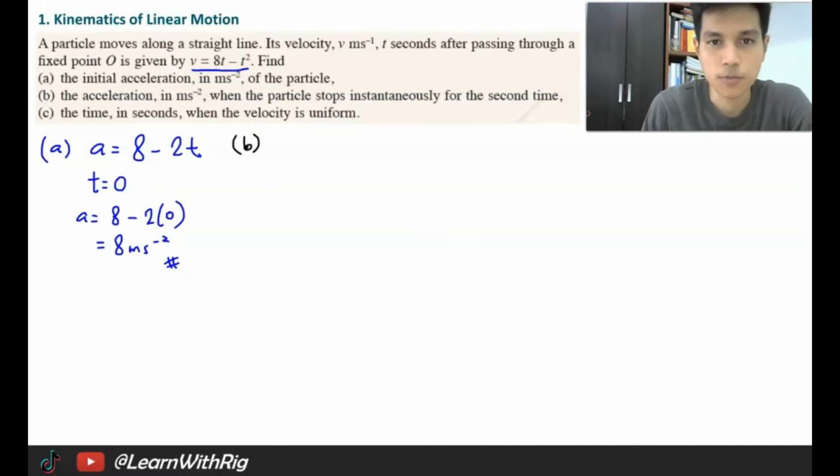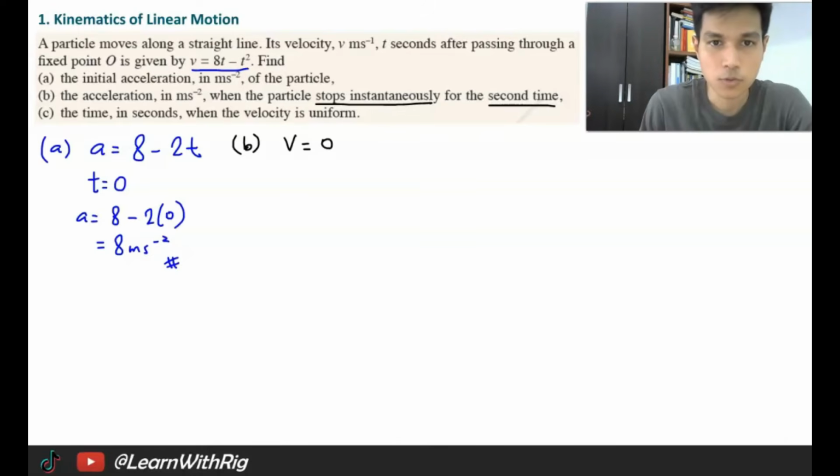Find the acceleration when the particle stops instantaneously for the second time. So the first, they said that stop instantaneously. When it stops, what happens? There is no longer any velocity, right? V is equals to 0. So that's what we're going to find first. We're going to use the velocity function to find the time where it stops.